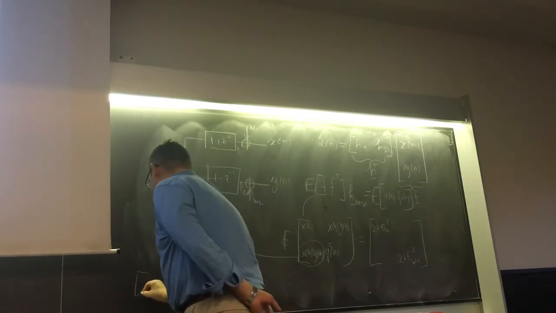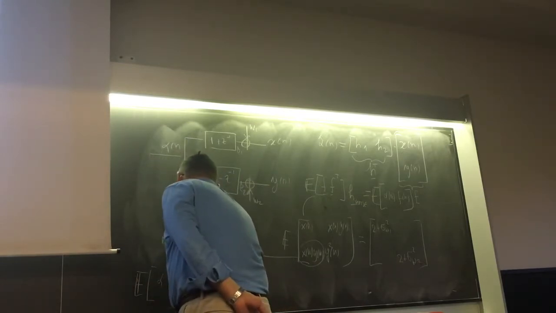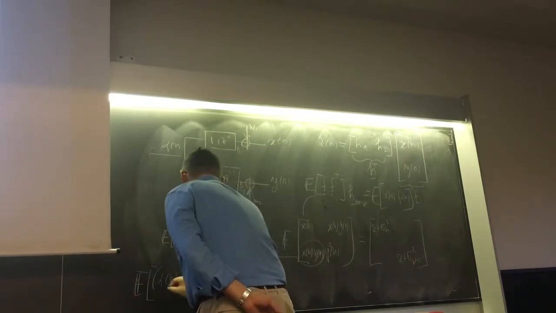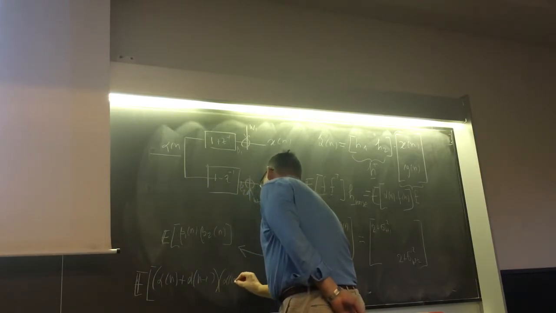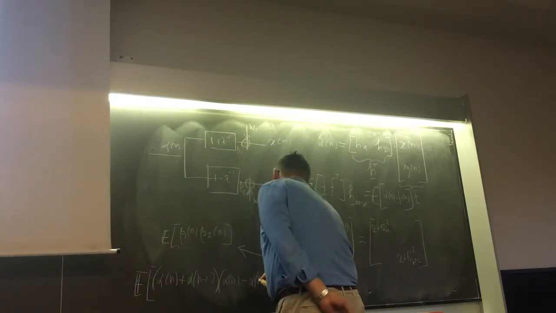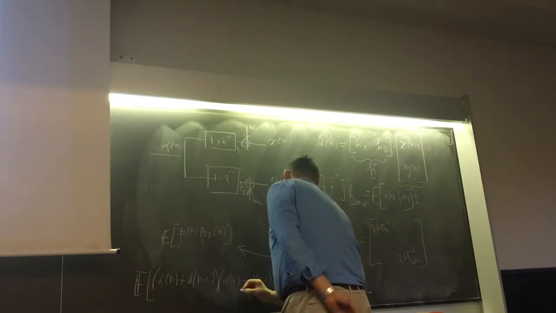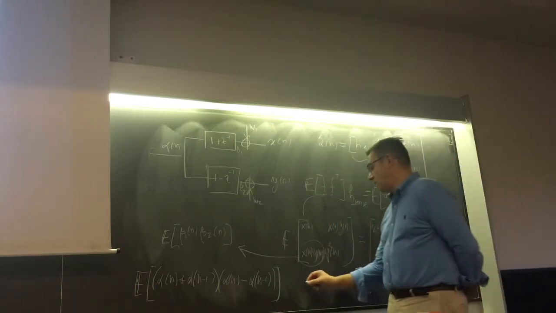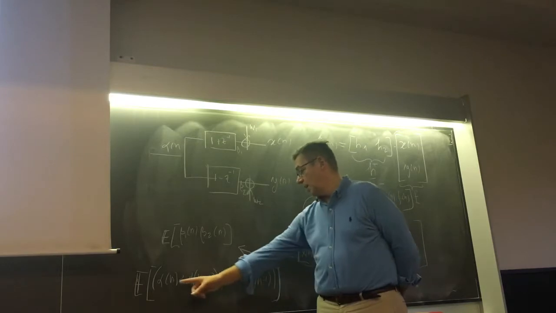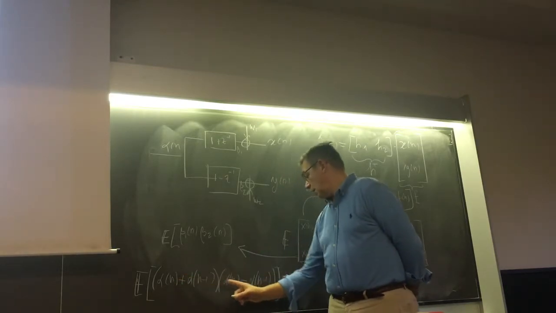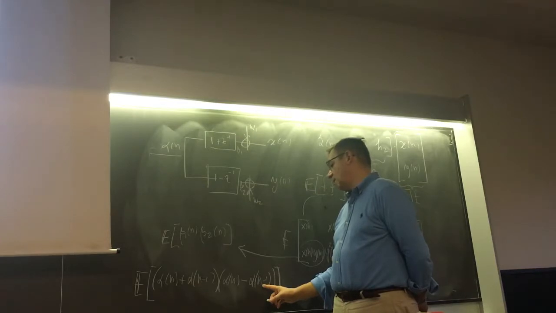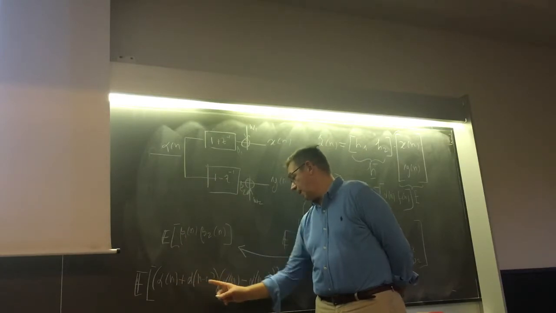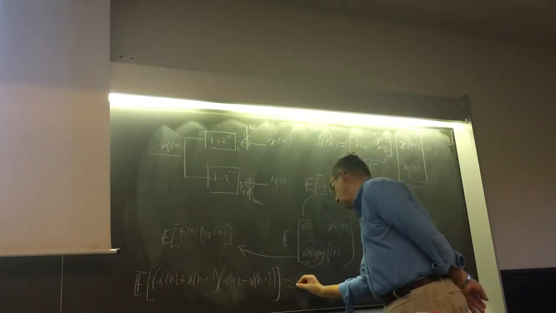I get the expectation of alpha n plus alpha n minus 1 times alpha n minus alpha n minus 1. So I have alpha n squared, then minus alpha n squared, and the cross terms cancel, so this one is 0.